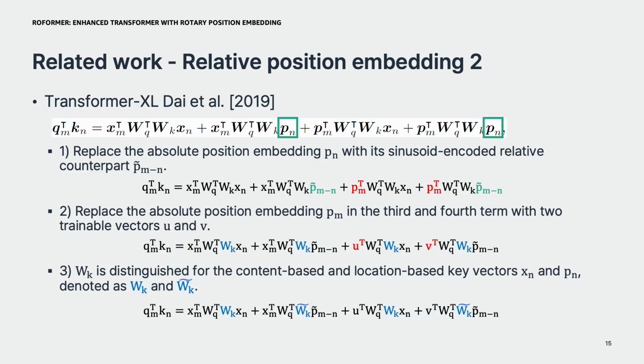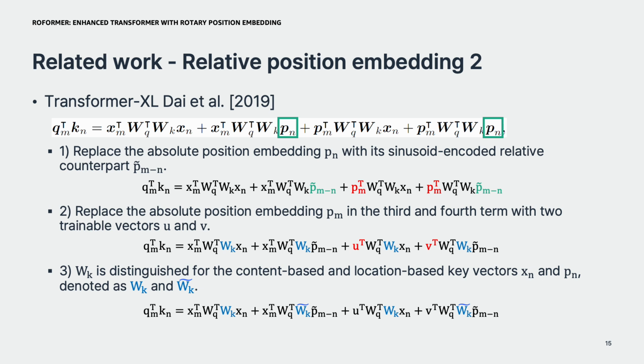In equation 6, Transformer-XL replaces absolute positional information with relative positional information. First, as shown in equation 1, the absolute position of the key is replaced with a relative position. Then, in equation 2, the absolute position of the query is substituted with fixed vectors u and v.